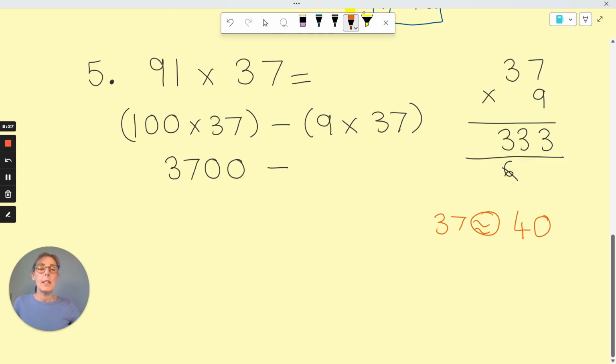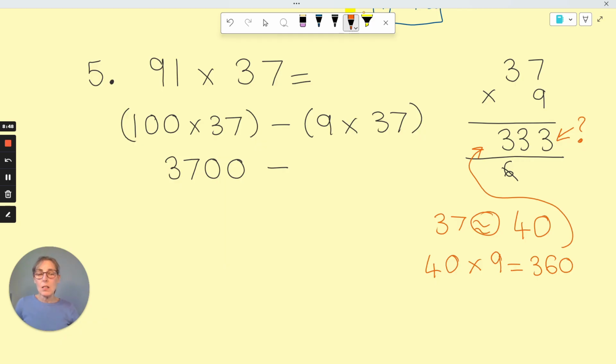So instead of 37 times 9, I could say, what's 40 times 9? 4 nines are 36, so 40 times 9 is 360. Is it approximately that? Yeah, it's okay. It's not 3,000 and it's not 30. So let's say that one's right.